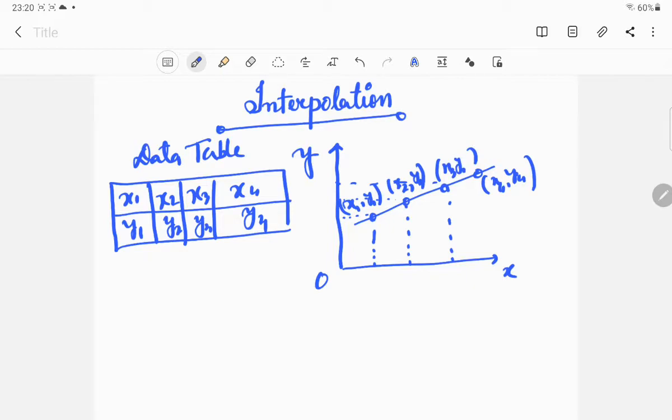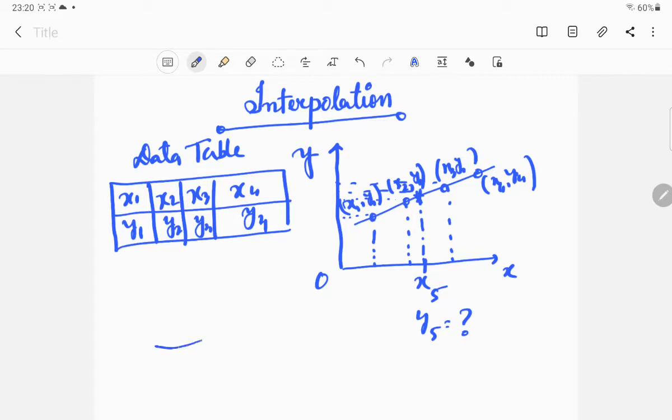Now if I give you a point somewhere here, say x5, and I ask you to find the value of y5 for that, what will you do? You are given some points and you have been asked for a point in between them. So it's a kind of interpolation.